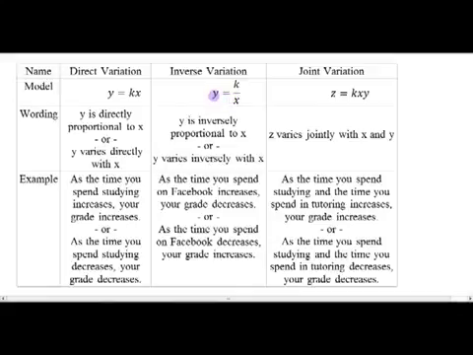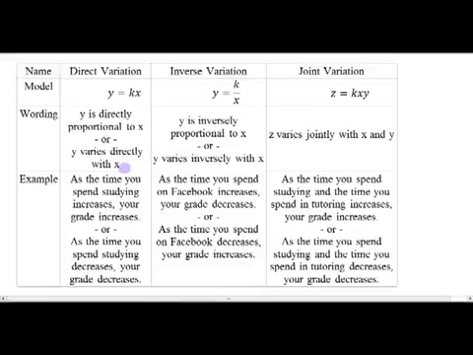If it's inverse, then y equals the constant of proportionality k being divided by x rather than multiplied. With joint variation, it's very similar to direct variation, except we have more than one variable that is acting on k.